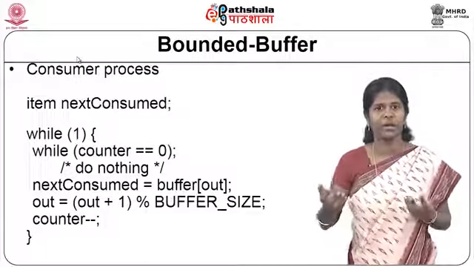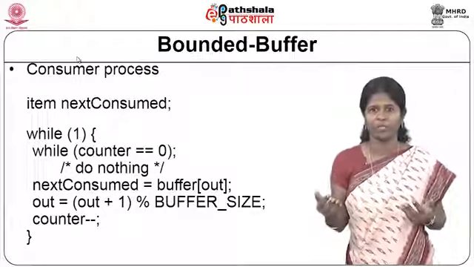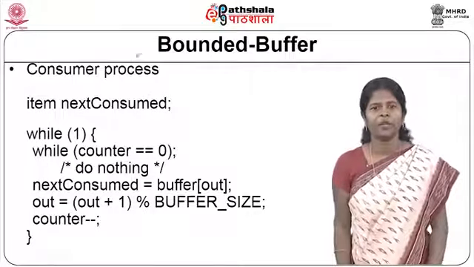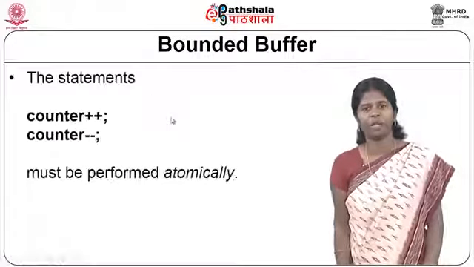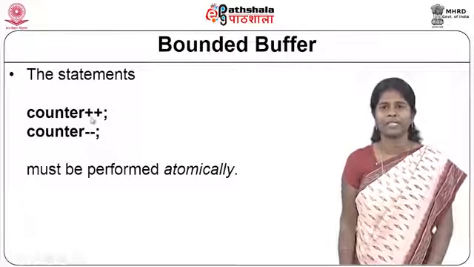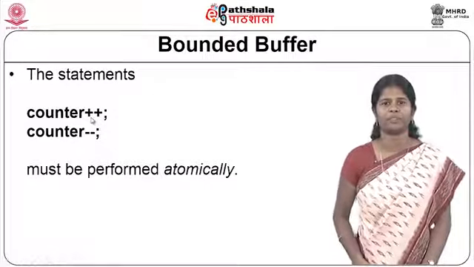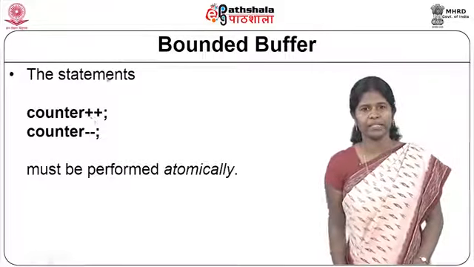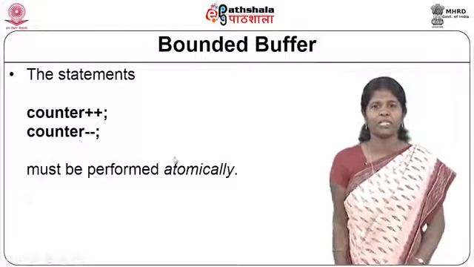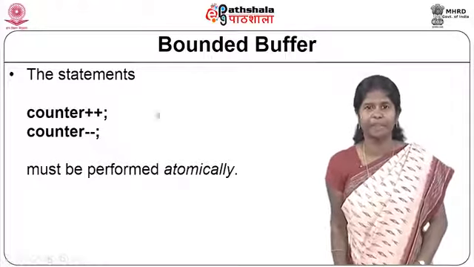Now, the producer and the consumer are cooperating processes which share this common variable counter. Now, we will see what kind of problem can arise when this counter variable is being accessed by the producer and the consumer. So, you see that the statements counter plus plus and counter minus minus must be performed atomically.